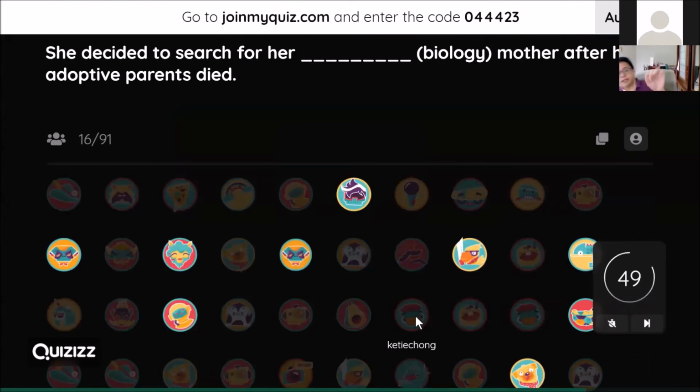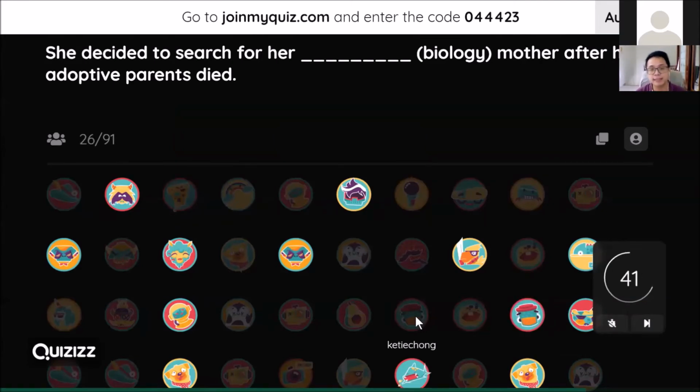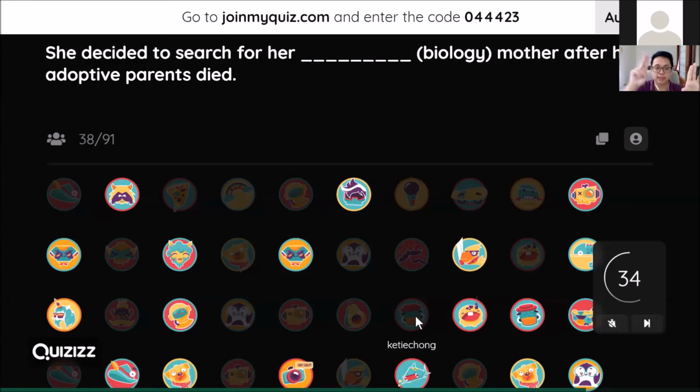Okay, here you see, she decided to search for her mother after her adoptive parents died. For her mother. So mother here is a noun, her is an adjective. So adjective, noun, 中间是什么? 中间也是形容词. So how do you change biology into the adjective?